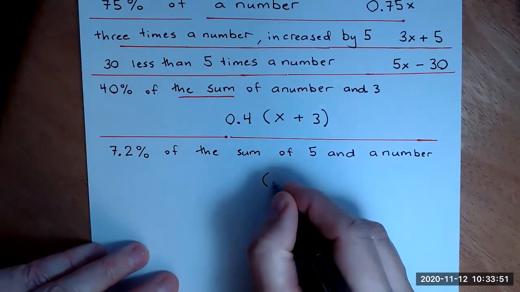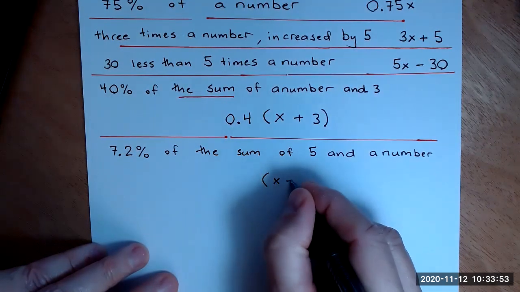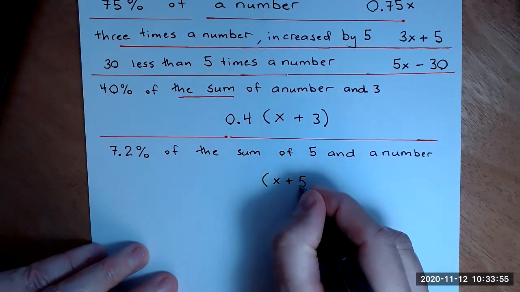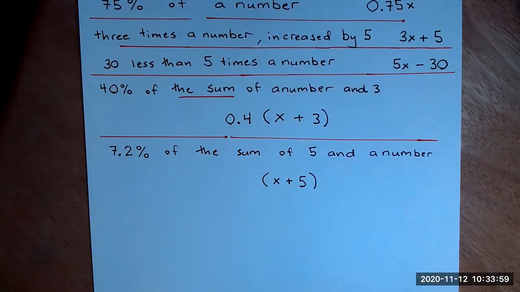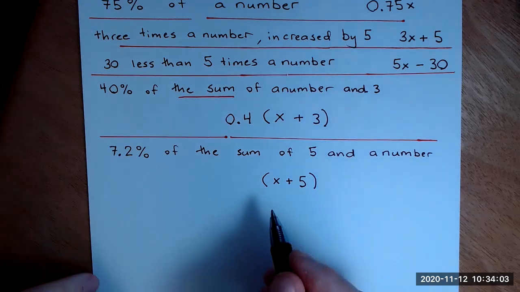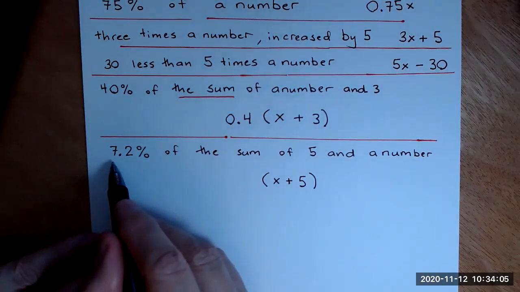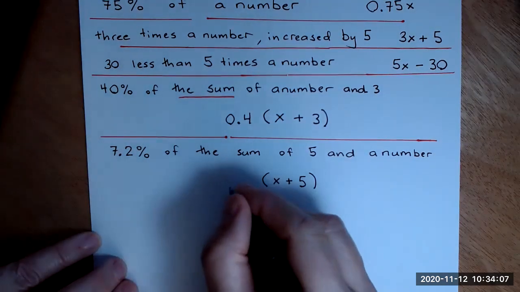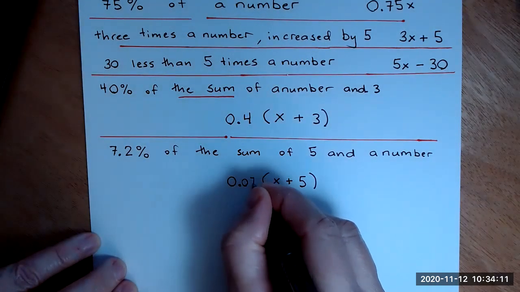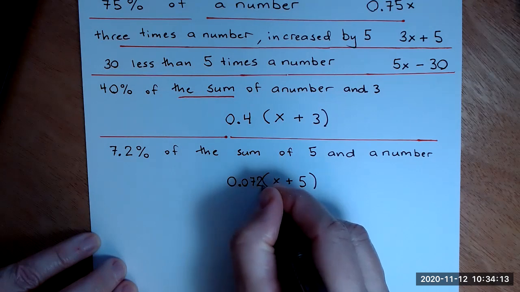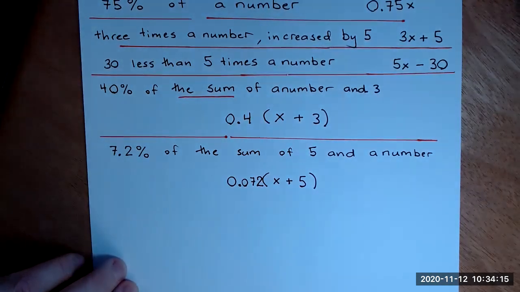So we have to make sure that that addition happens first. And you can write it as 5 plus x or x plus 5 because addition is commutative. And then we convert 7.2% into a decimal. And multiply it times that result.